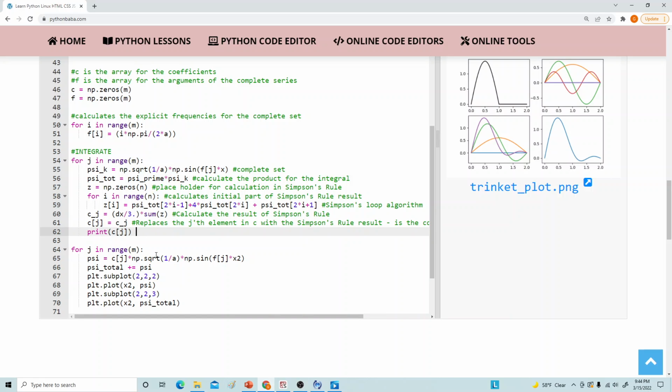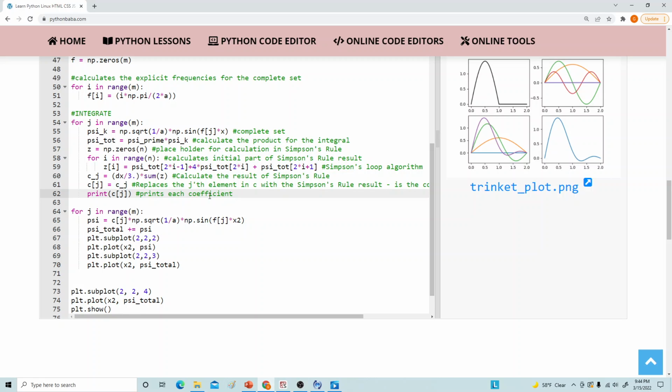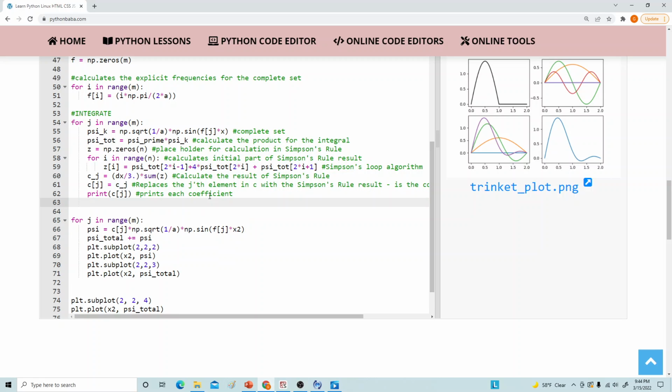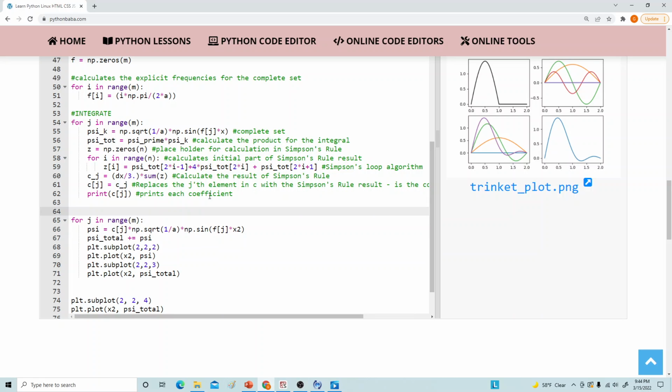And then this just prints each coefficient. Right? Okay. So then let's do, there we go. So this line of code just creates the rest of the plots.